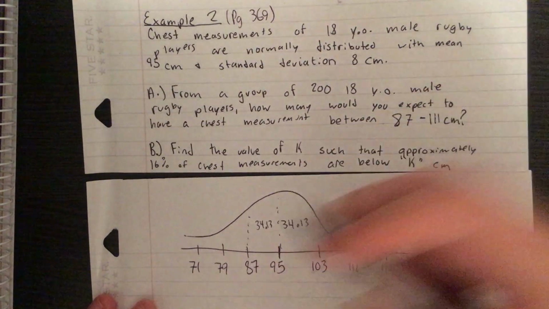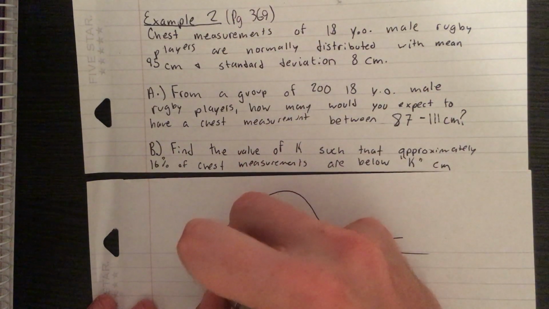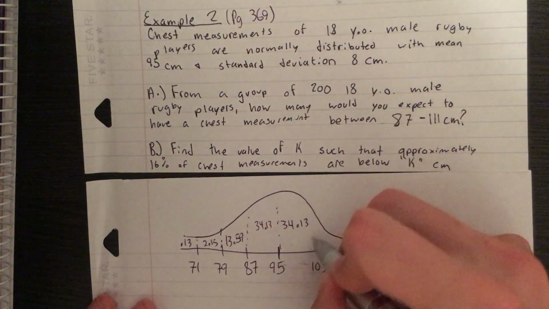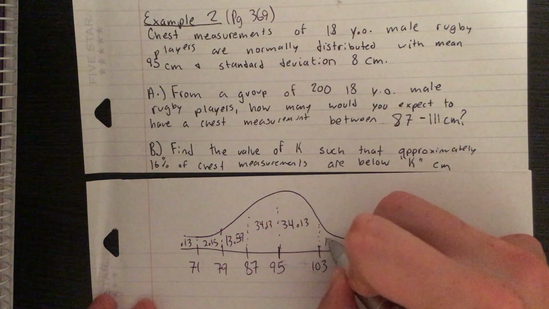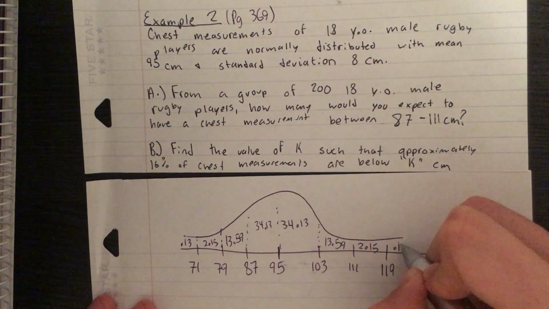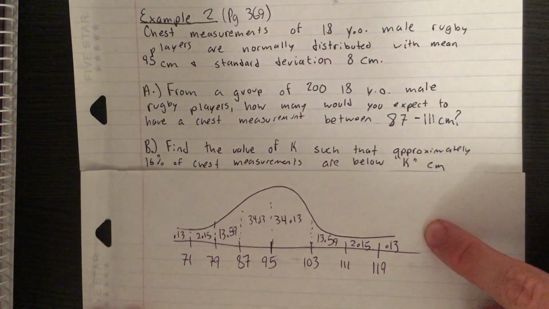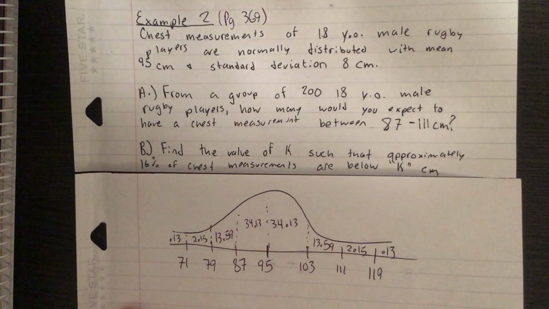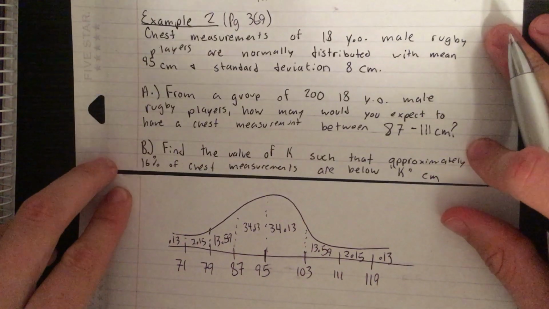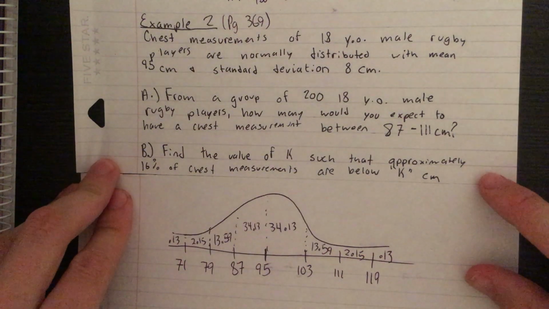And then we can talk about the percentages: 34.13, 13.59, 2.15, 0.13, and on the other side 13.59, 2.15, 0.13. Now that we've got this curve drawn, we want to say, okay, from a group of 200 18-year-old male rugby players, how many would you expect to have a chest measurement between 87 and 111?